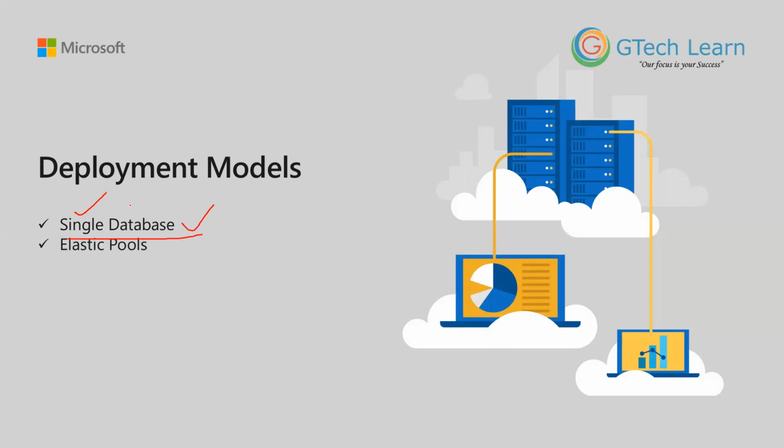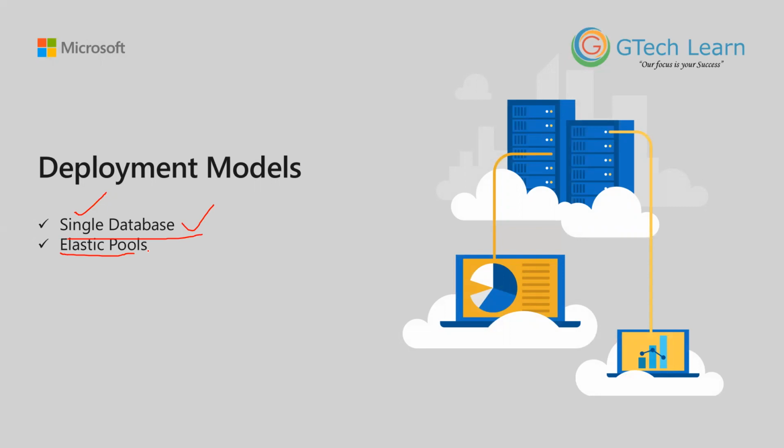Moving forward, the next model type is elastic pools. An elastic pool is a specific type of container, which we call an elastic pool, and inside a single container we can have multiple databases available, and we can use shared infrastructure as well.